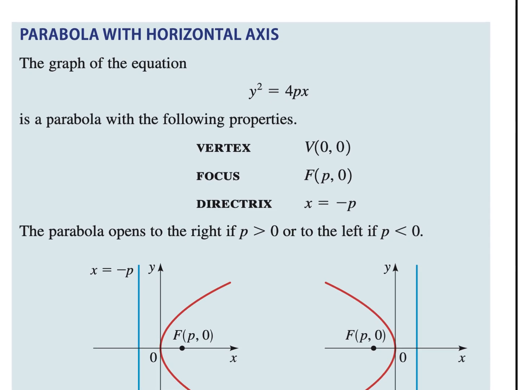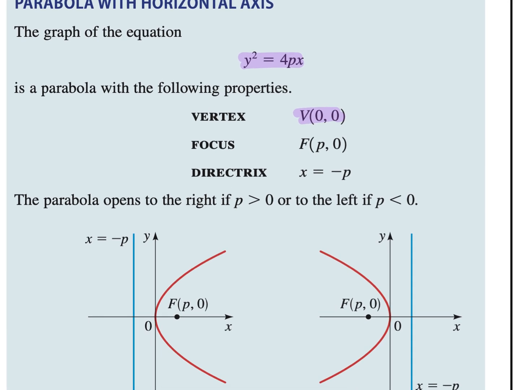That's going to give you y squared is equal to 4px. This is a parabola with the following properties. The vertex is still at the origin (0, 0), just like what you can see in here. They are both still at (0, 0). Now the focus, as I said earlier, should be inside your graph, so the focus is located on the x-axis.